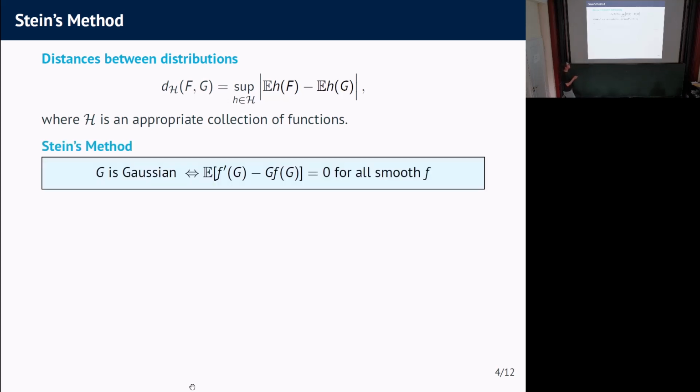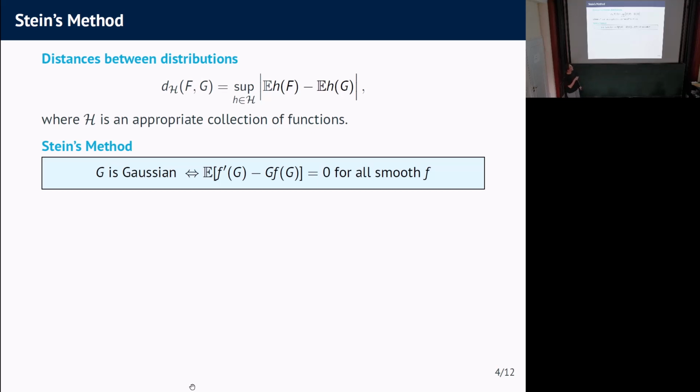But now, the idea that Stein had is the following. If you have a Gaussian random variable, then the expectation of f prime of g minus g f of g is 0 for all smooth f that decays sufficiently at infinity. So for a very large collection of functions, this is true.